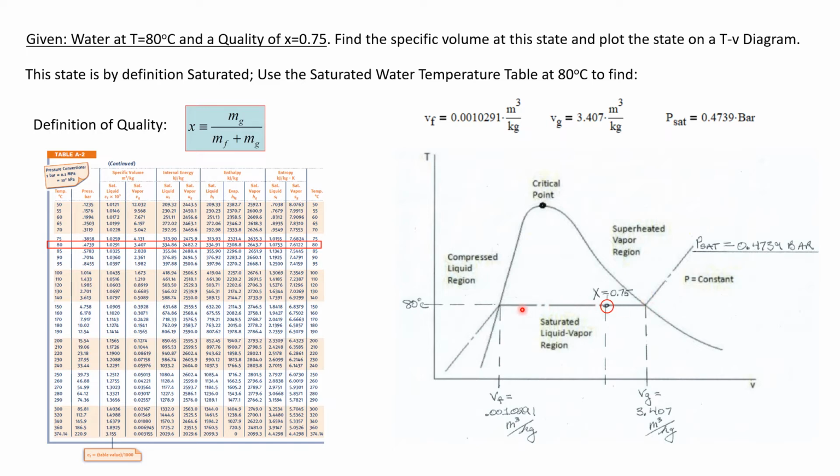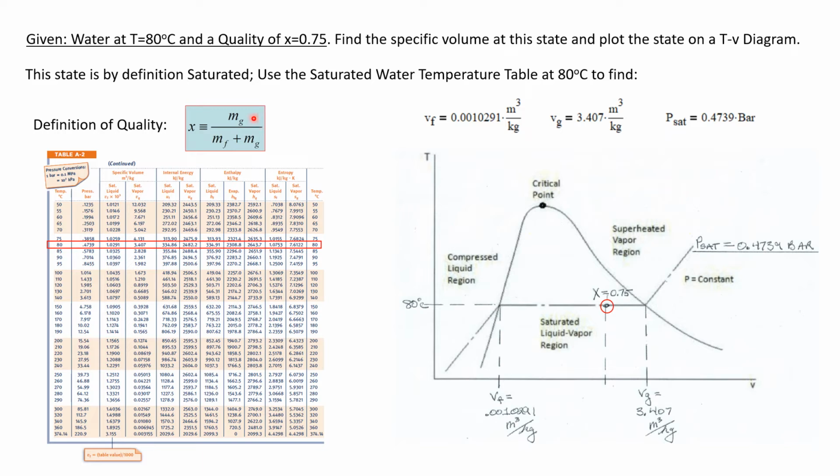Now, if it's mostly saturated liquid, it'll be under the vapor dome, but over here towards the saturated liquid line. If it's mostly vapor, it'll be over more to the right side, towards the saturated vapor line. So this is our definition of quality.